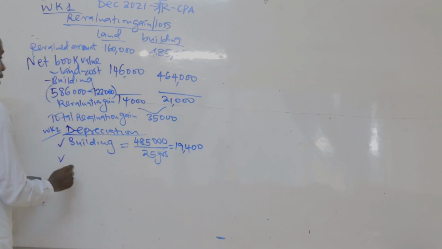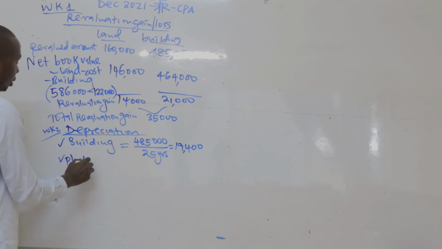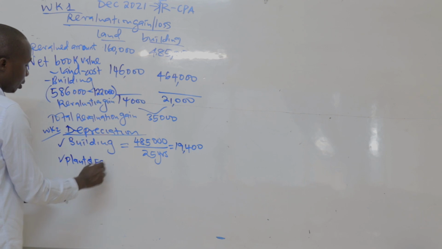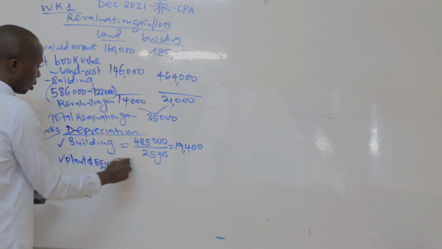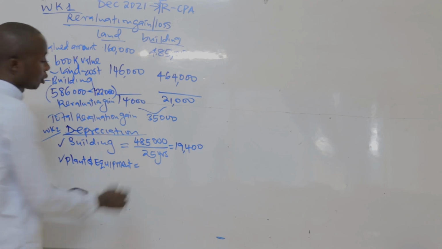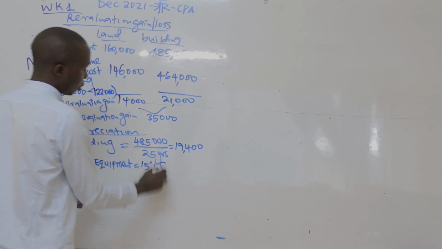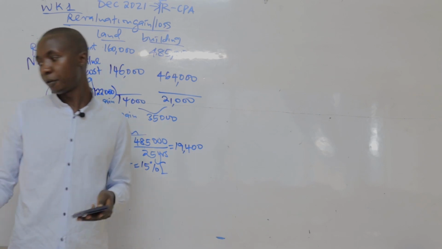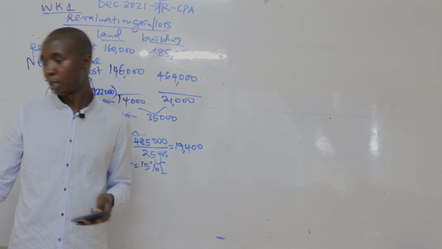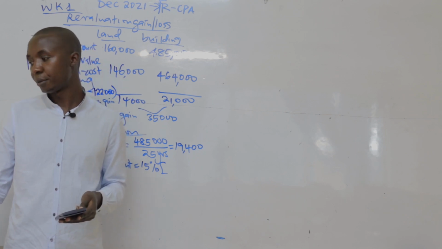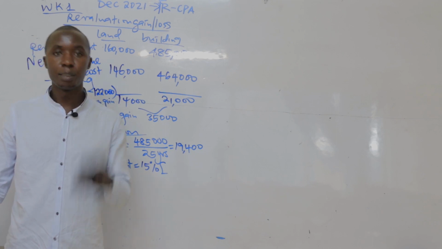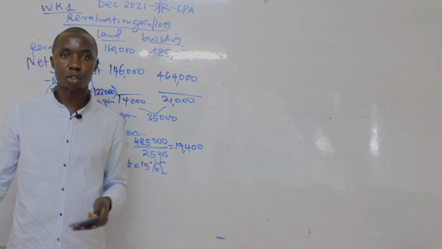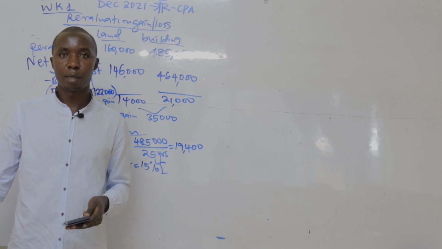So then the next thing we have is additional information number 2. Again, there was a depreciation of plant and equipment, reducing balance method at 15%. That is what you have been told in note 2. So I will go back to the trial balance and check the cost and accumulated depreciation of these plant and equipment.